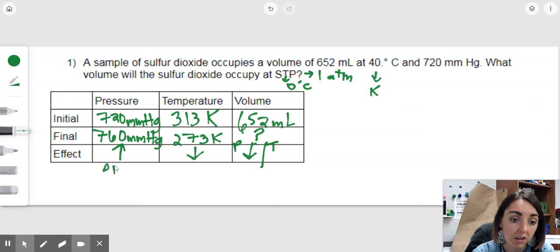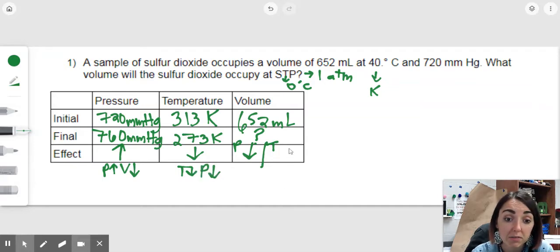So pressure up, volume down. That's Boyle's law, first one we learned. And then if my temperature goes down, from Gay-Lussac's law, I know my pressure also goes down, because pressure and temperature are directly proportional.